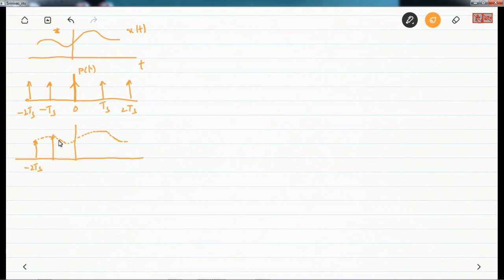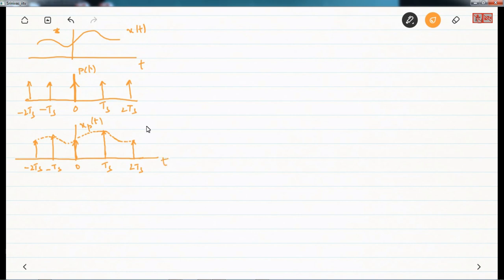This will be slightly higher, and this will be a lower sample, and this will again be a larger sample. This will be a lower sample. So this is 2Ts, this is Ts, this is 0. This signal we are calling xp of t.